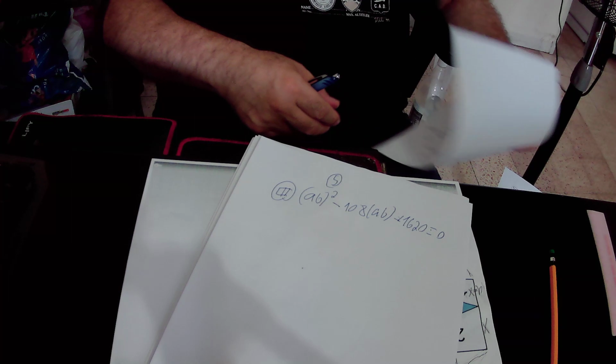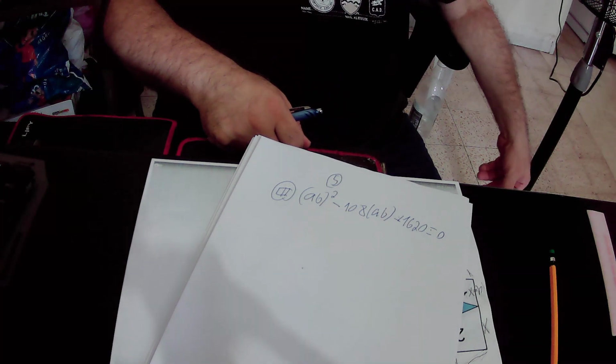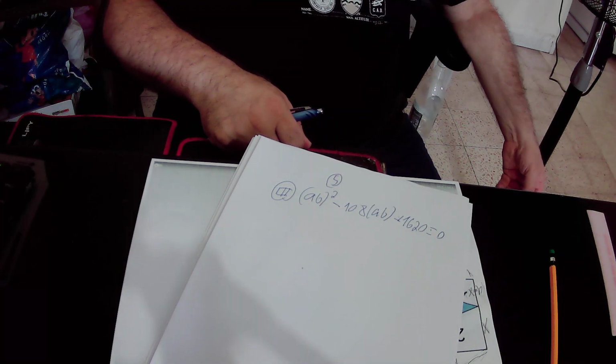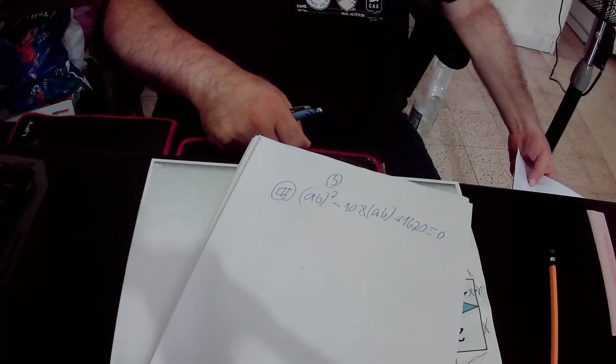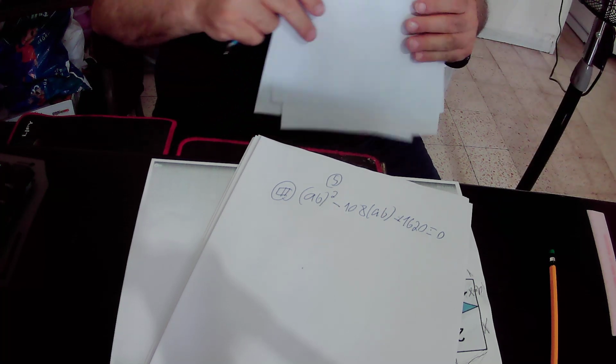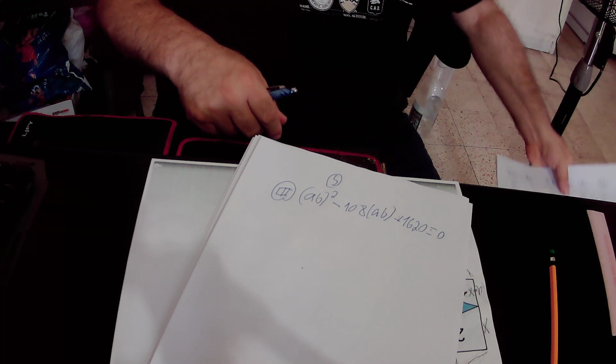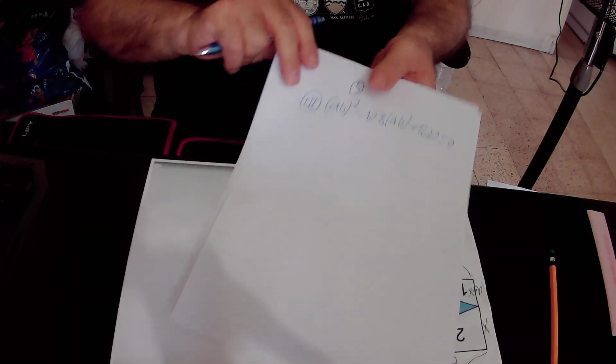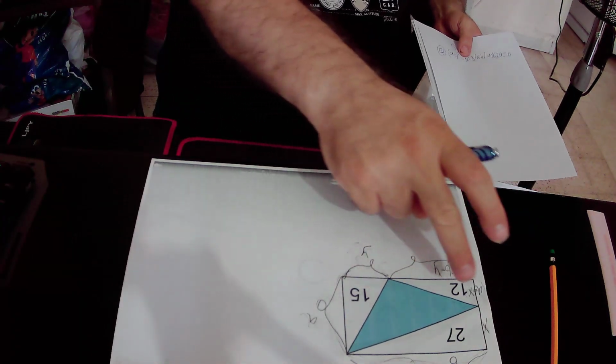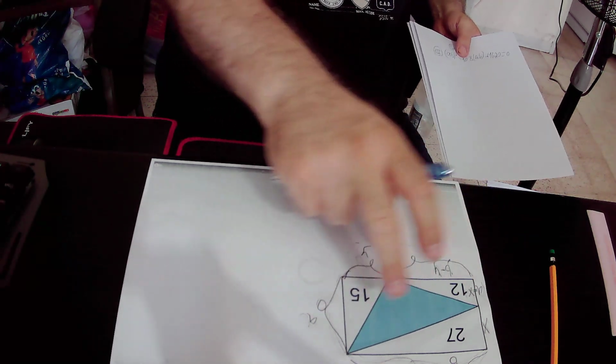So we got here a quadratic equation, and the variable of this quadratic equation is a times b, and a times b actually is the area of this rectangle that we are looking for.